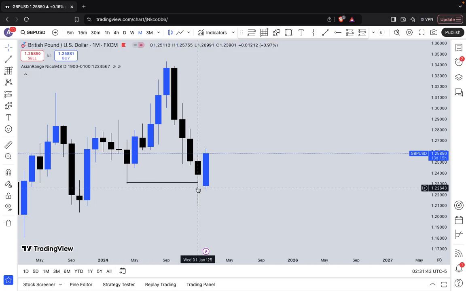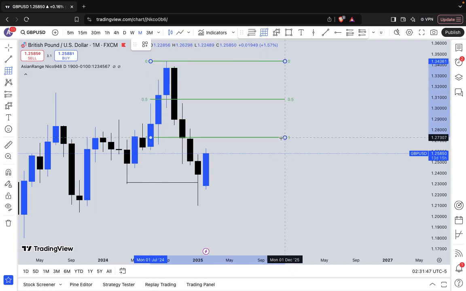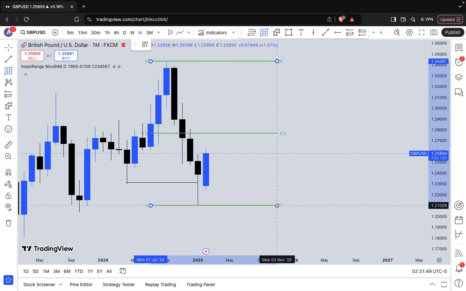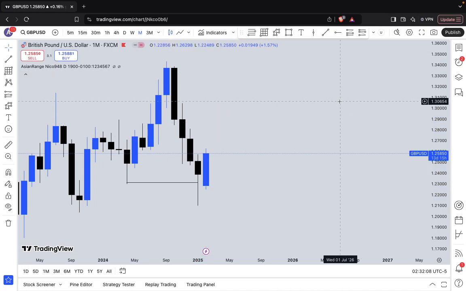We are waiting for price to retrace back to at least the equilibrium level or premium level. So at least come to this 50% level or break it a little bit, or come to mitigate any other block around there. So now, if you take a look at this chart, like I said earlier, what are the internal liquidity?